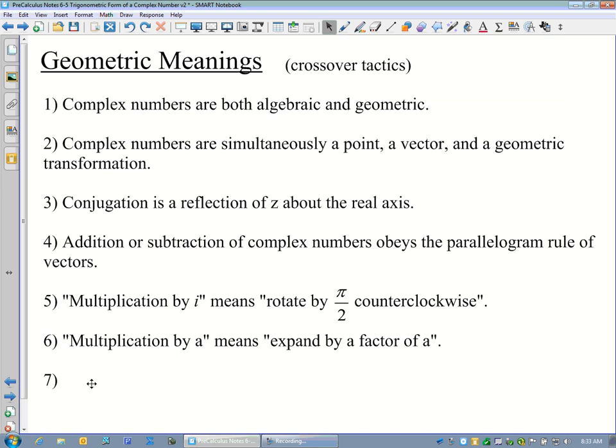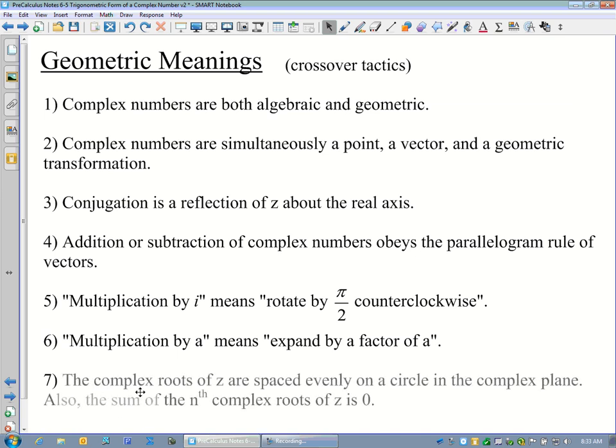Also very helpful in solving problems to know that the complex roots are spaced evenly on a circle in the complex plane. That circle is going to have a radius which is the nth root of the first complex number's radius, and then all of those solutions are going to be evenly spaced on the complex plane.